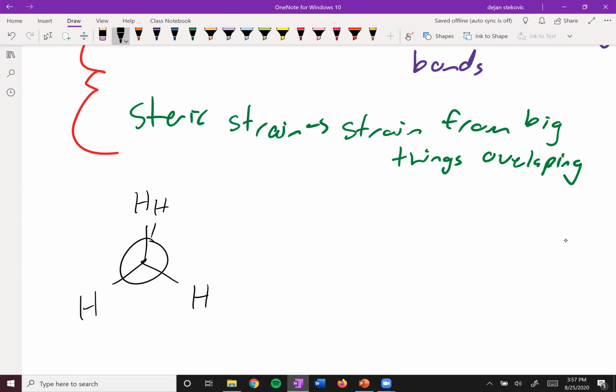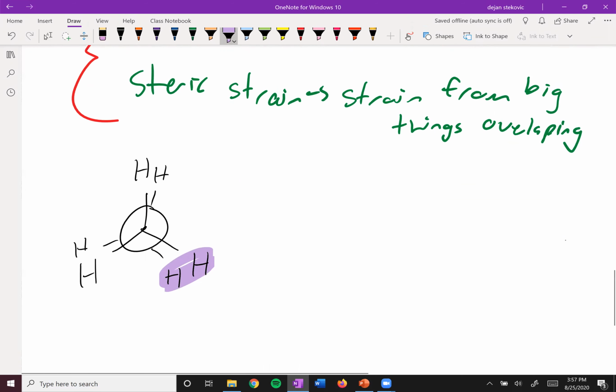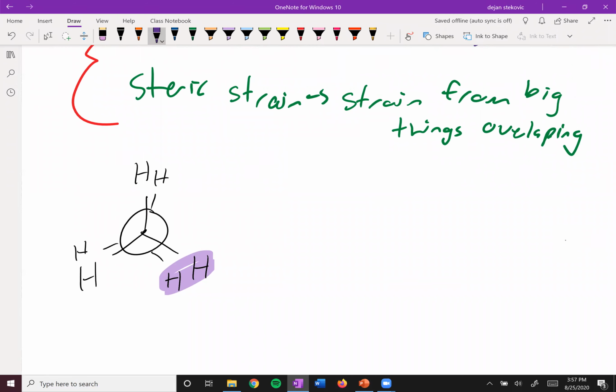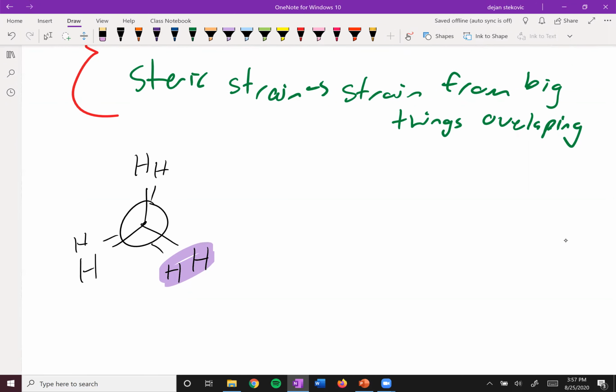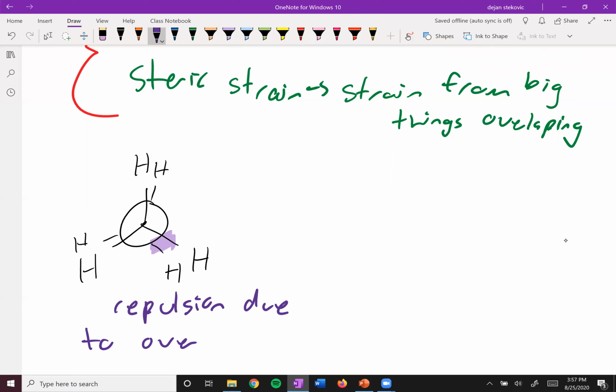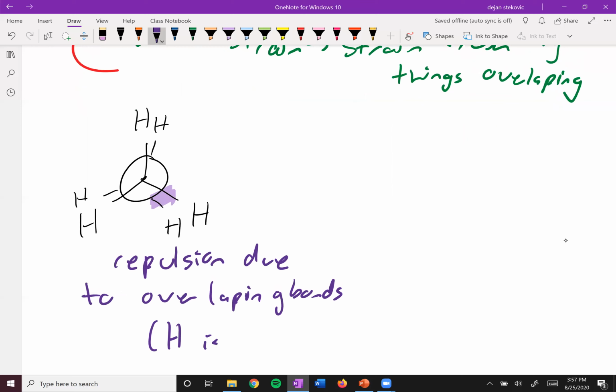So for example, if you had this eclipsed conformer, right, hydrogen is actually not that big, and so it's not a steric strain. You're not putting big things together. What's really happening is the repulsion from these bonds, or really it's a little bit more complicated than that, but we're gonna go with this, due to overlapping bonds. And that's because hydrogen isn't big.